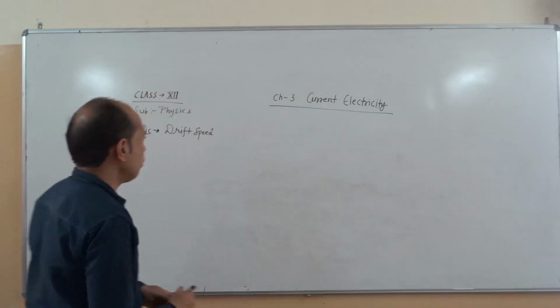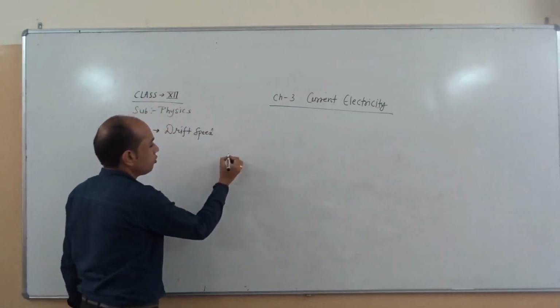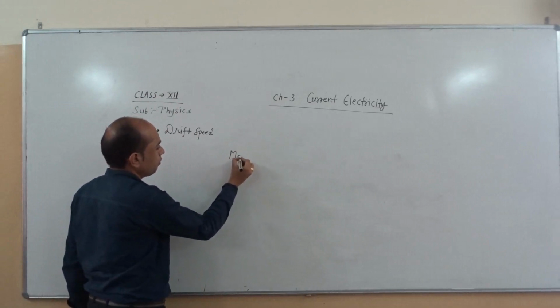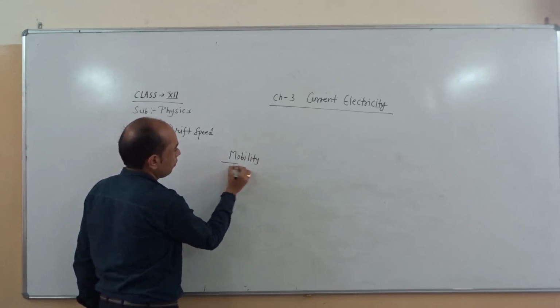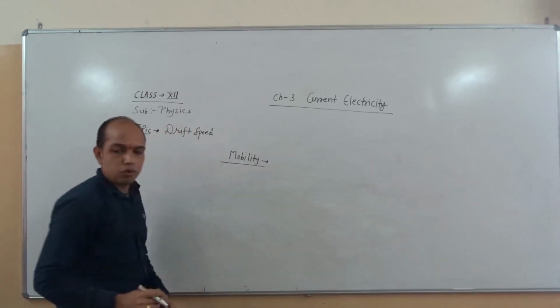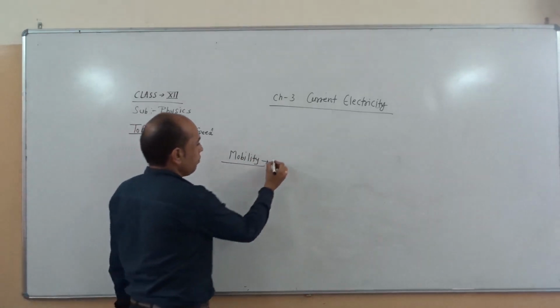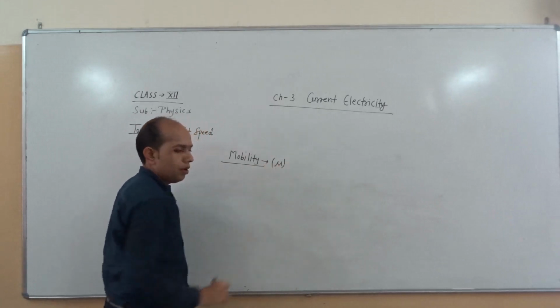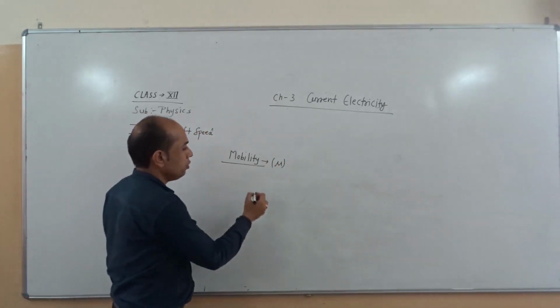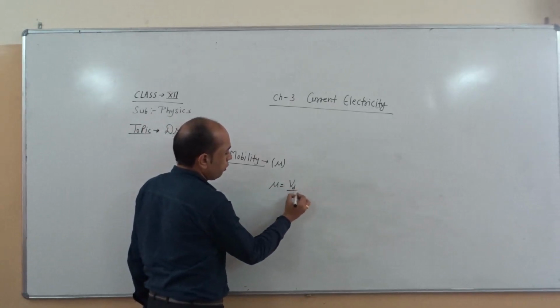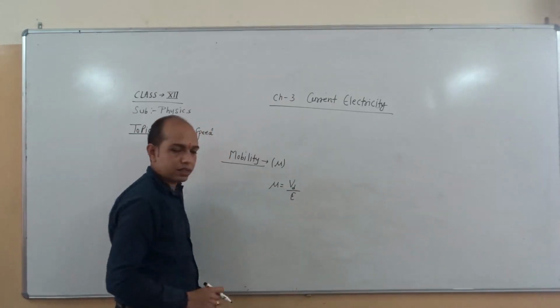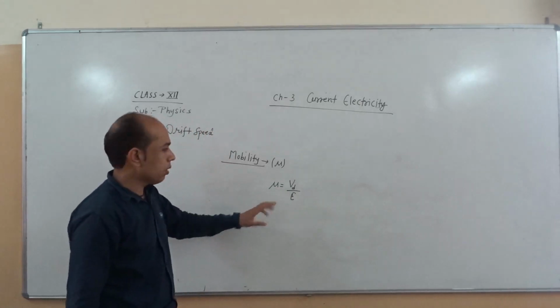Next we come to one more term, mobility. Mobility is defined by mu, and this mu is equal to the ratio of drift velocity per unit electric field, that is Vd/E.